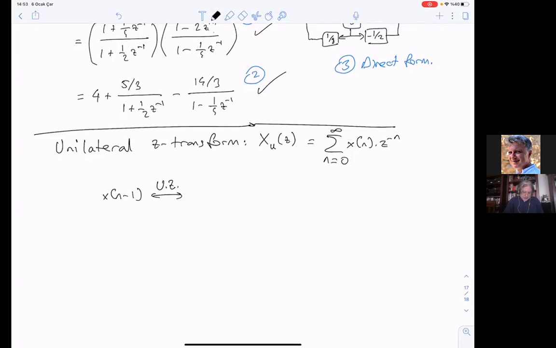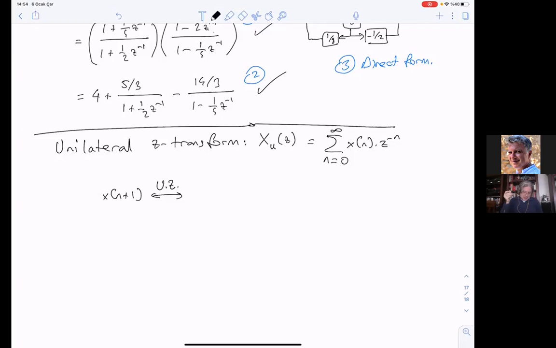So if I shift not by n minus 1 but n plus 1, which is the shift in the other direction, we are losing some information.